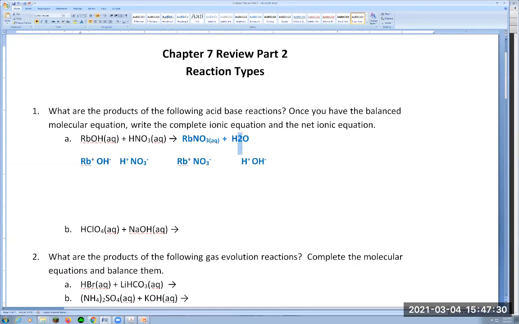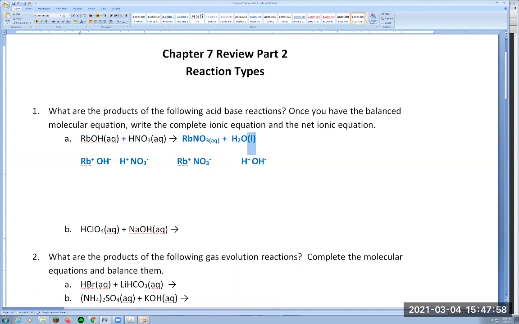And that's water, right? So when you are mixing an acid with a strong base, you're forming water. And the physical state for water in this case is liquid, because water cannot be aqueous. Water is the solvent already in there. And so you're forming just more water, and it's going to be in the liquid state.